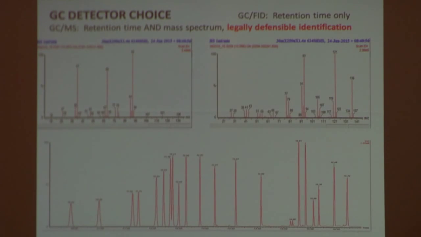So now let's get to some chromatograms here, and let's talk about the detector of choice for terpenes. The bottom chromatogram is a GC chromatogram of about 29, I think, terpenes.